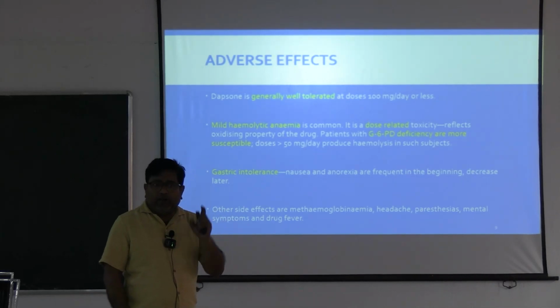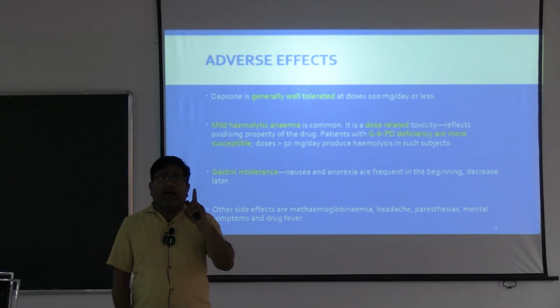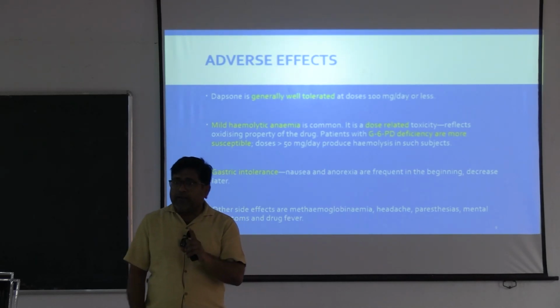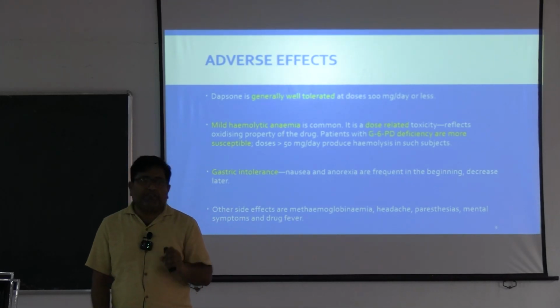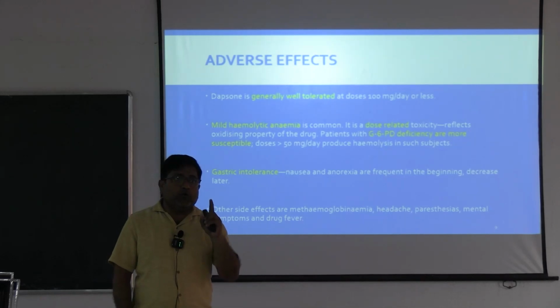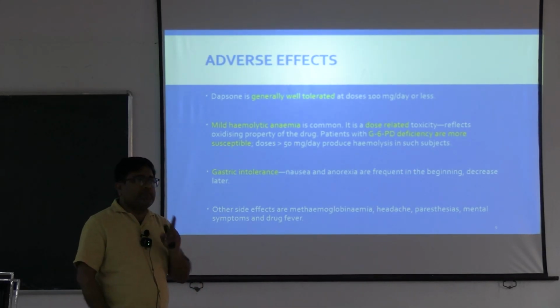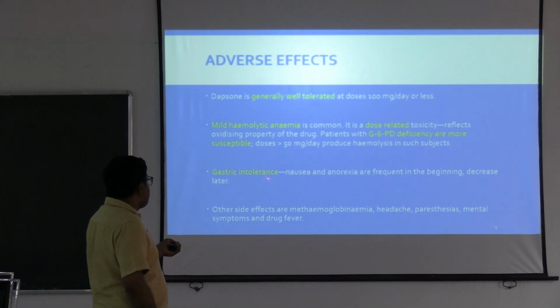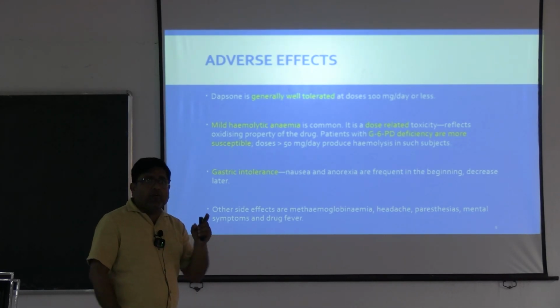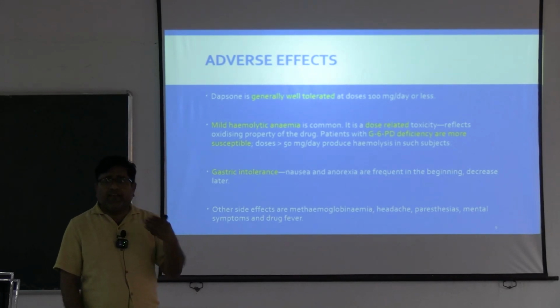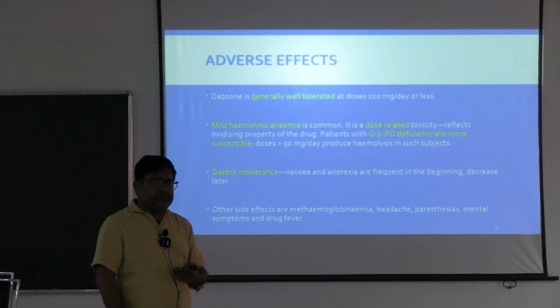Dapsone is generally well tolerated. Mild hemolytic anemia can be seen, particularly common in G6PD deficient patients, and even a lower dose of 50 mg per day can induce hemolysis in such patients. Gastric intolerance can be seen like nausea and anorexia, but as the drug is continued, those symptoms can be overcome.